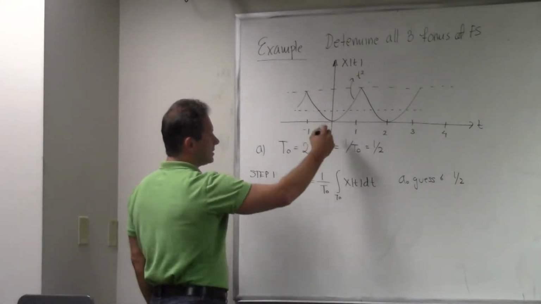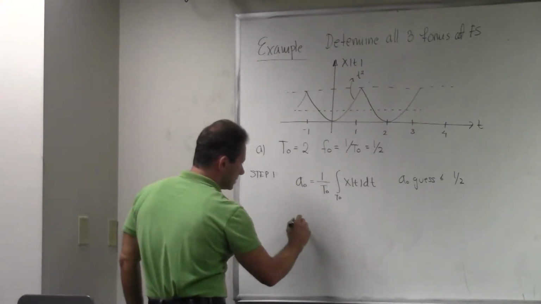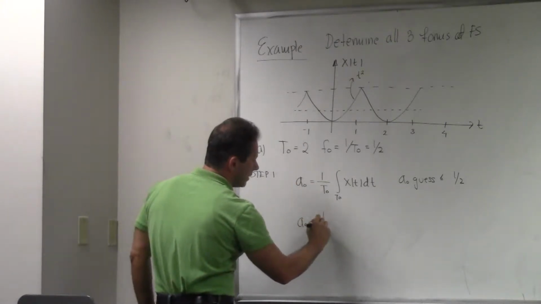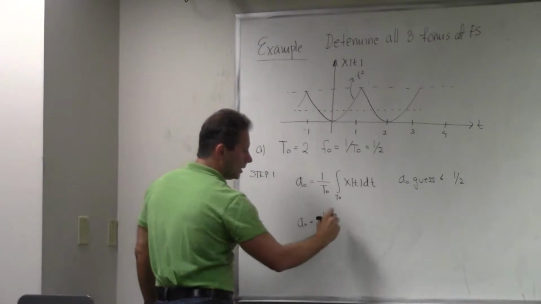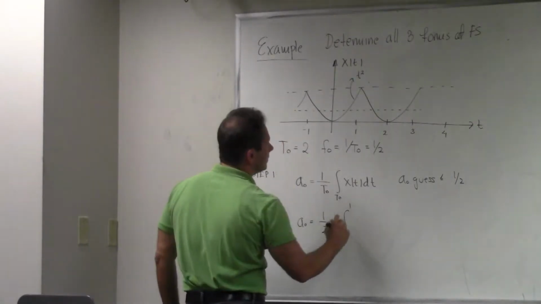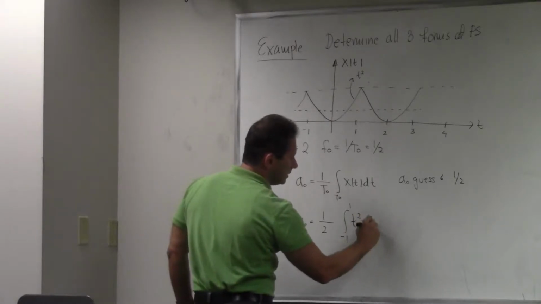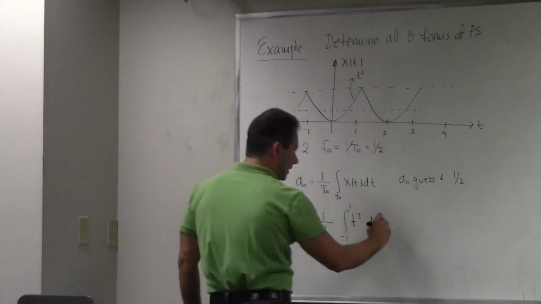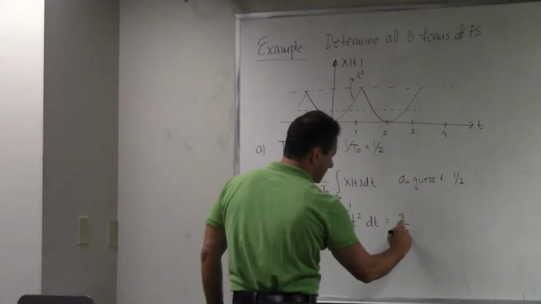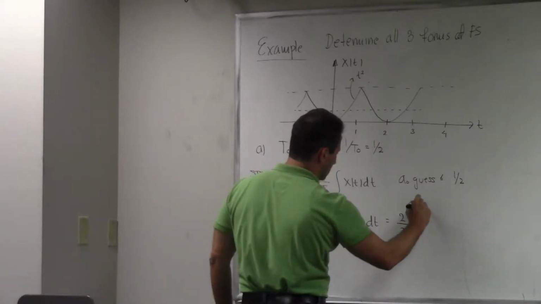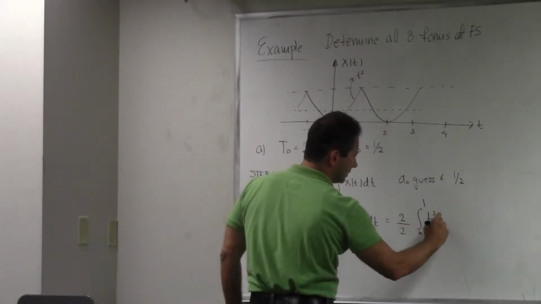A0 is going to be 1 over period, which is 2, integral from -1 to 1, x of t, which is t squared dt. And you realize that this is 2 times integral from 0 to 1, t squared dt.